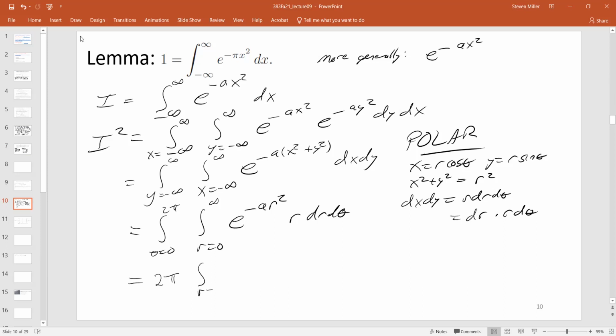And then we would have the integral r goes from 0 to infinity, e to the negative a r squared times a r over 2 dr times 2 over a. And so I've multiplied by 1, and I've set it up now so that if I take u equals a r squared, so du is going to be, oh, did I put the 2 in the wrong spot?